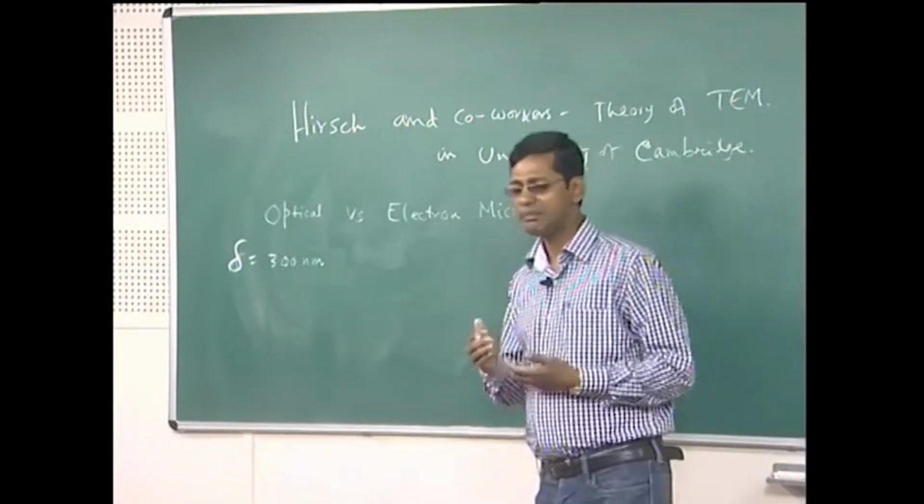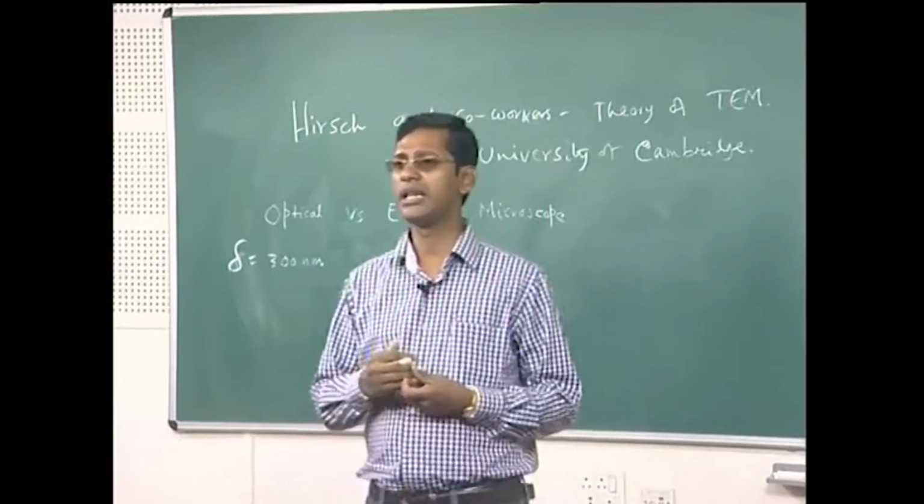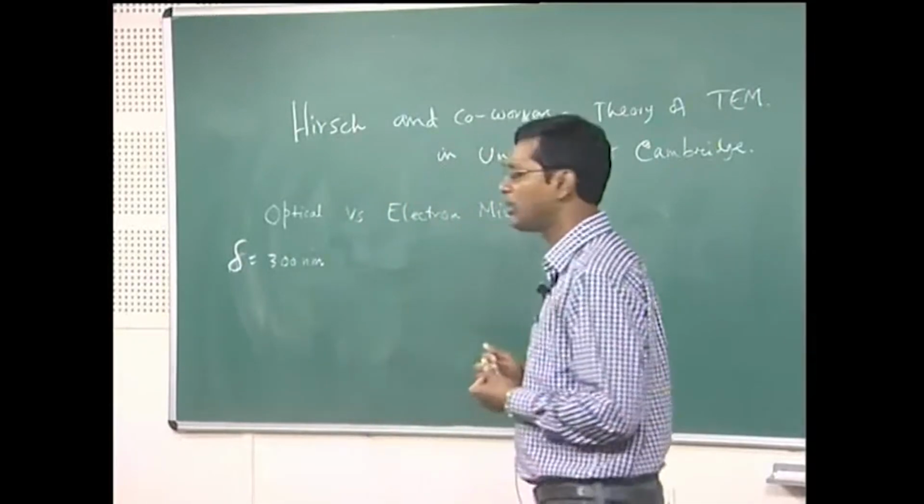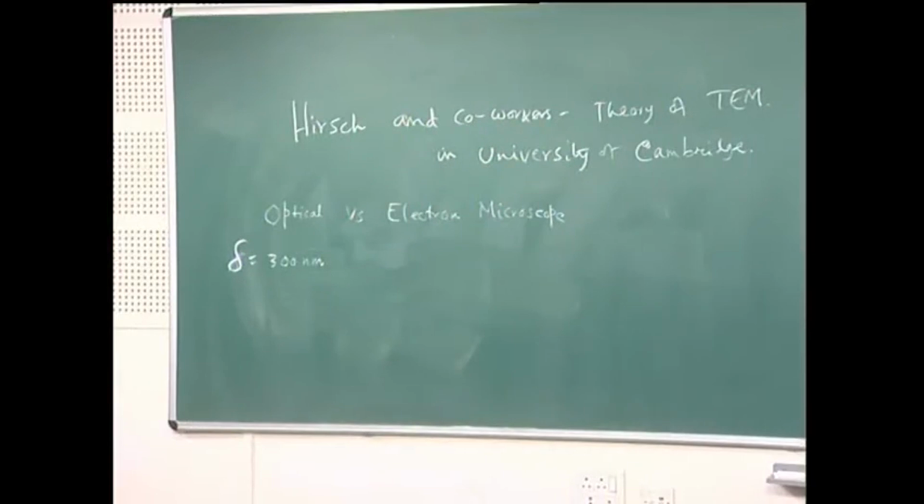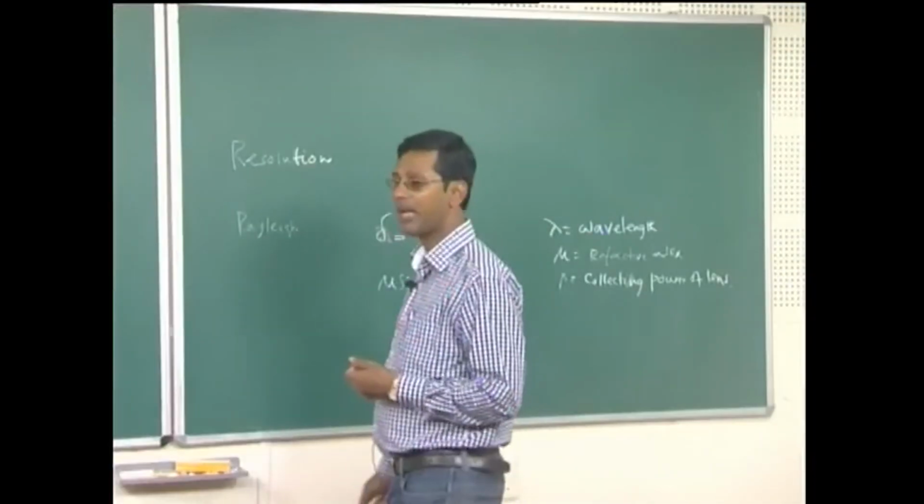That was the basic need to develop the electron microscope, because electrons have a wavelength much lower than normal light.